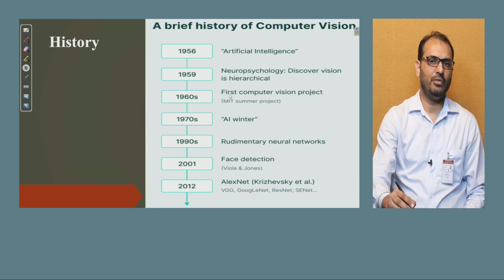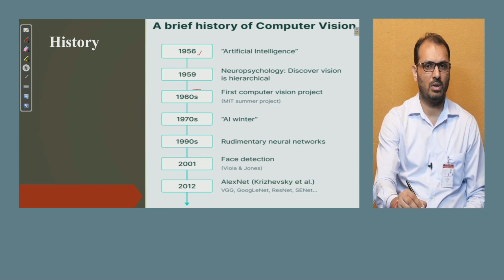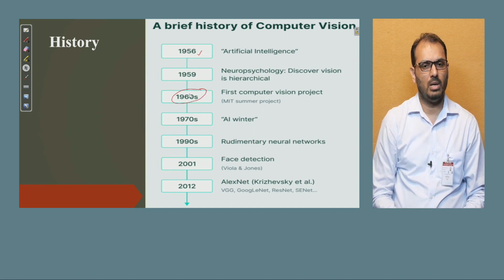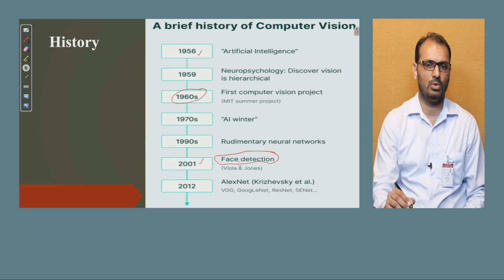In the year 1956 the concept of AI came in the picture. In the years 1950 and 60 the first computer vision concept came to the world. Later on in 2001, the first biometric face detection concept came in the picture, given by Viola and Jones. Two scientists gave that concept.